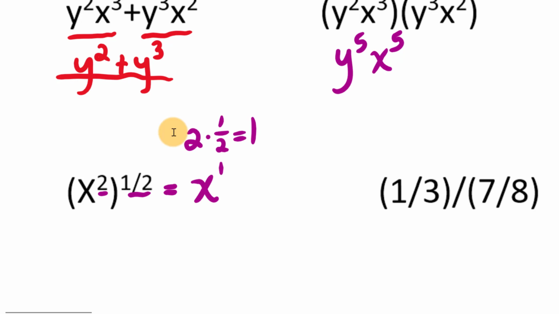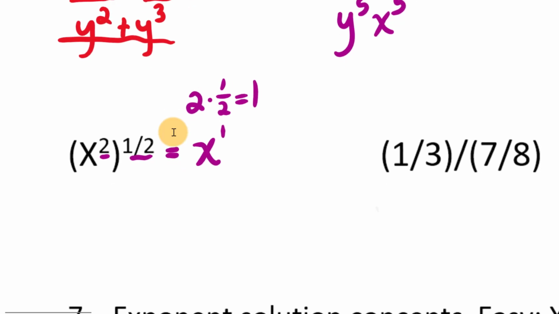Now, this is a very important general rule that we have to know. The general rule that I want you to think about here is anytime you have x raised to any exponent, let's just call it k, x to the k, whatever it is. It doesn't matter if it's a whole number exponent, a fractional exponent, or whatever.